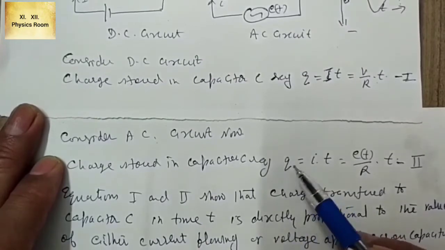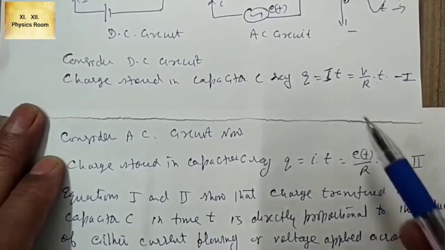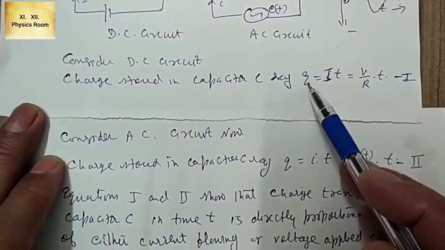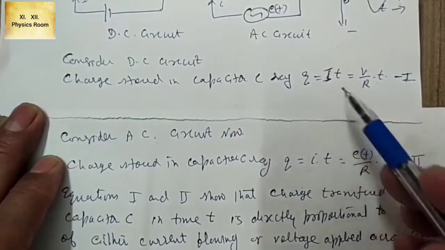So charge transferred is directly proportional to voltage value, or directly proportional to current value. Either it is proportional to current or it is proportional to voltage in both cases.